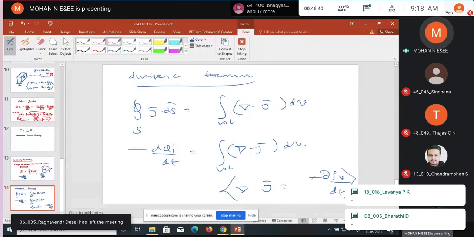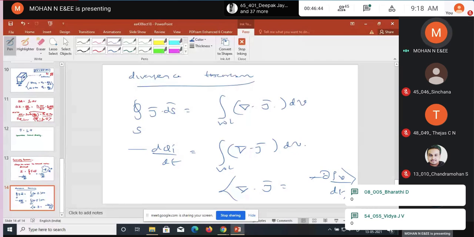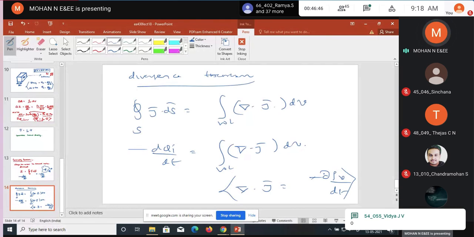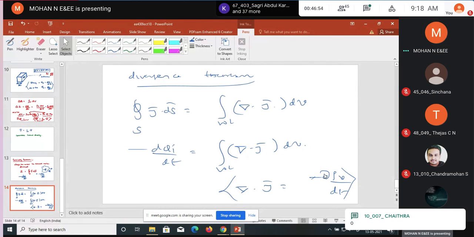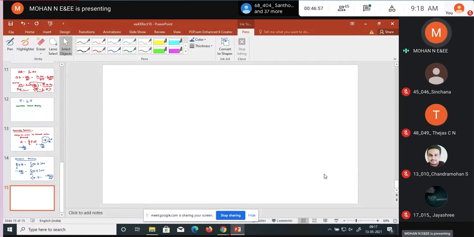So let us solve one problem here, and then we shall stop at this point, so that you'll understand how the current is flowing through a given cross section of the medium. Okay. Yes. Let us solve here.